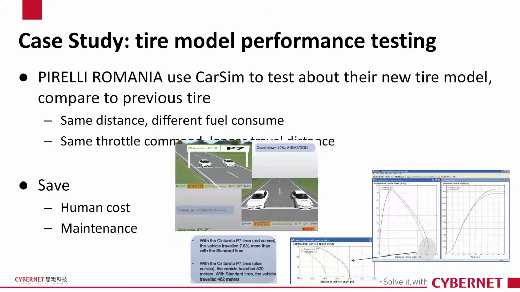All of these variables can be controlled in simulation. We can have a totally identical vehicle except for the tires in CarSim. The simulation difference is fully a result of the tire model's difference. They use CarSim to save lots of human costs and vehicle maintenance.